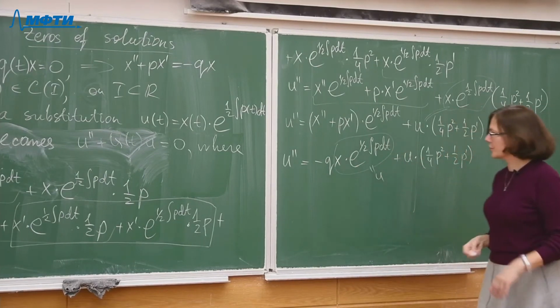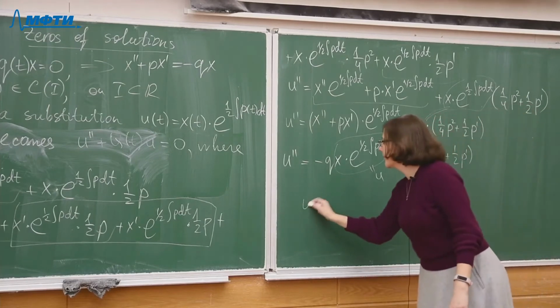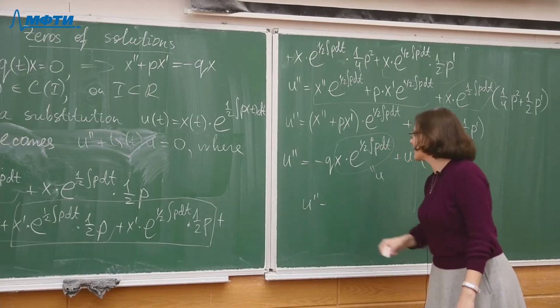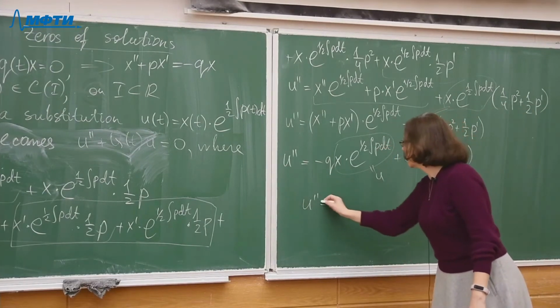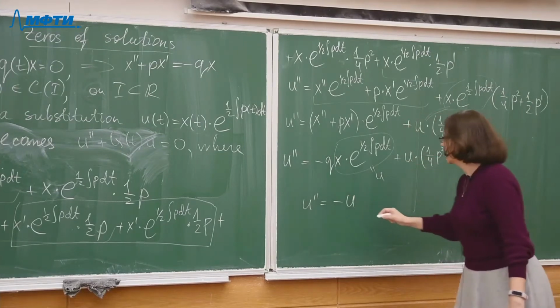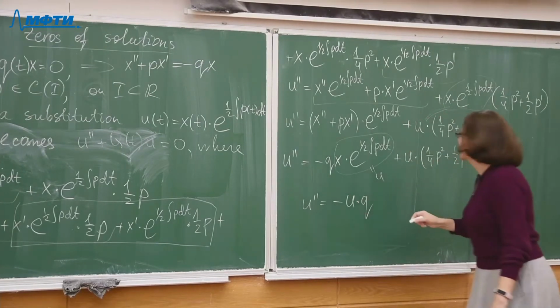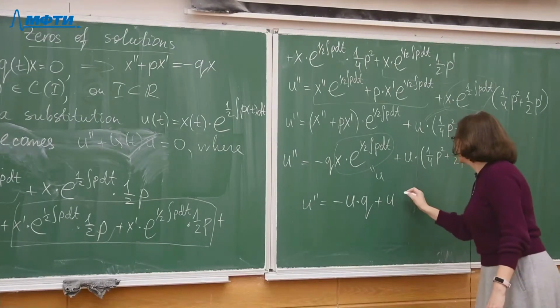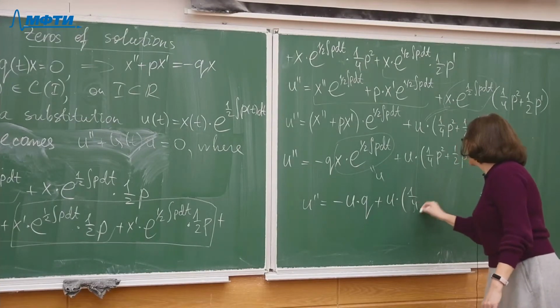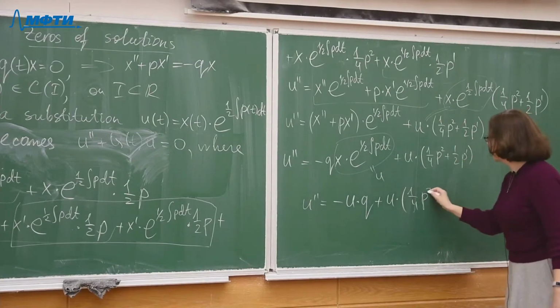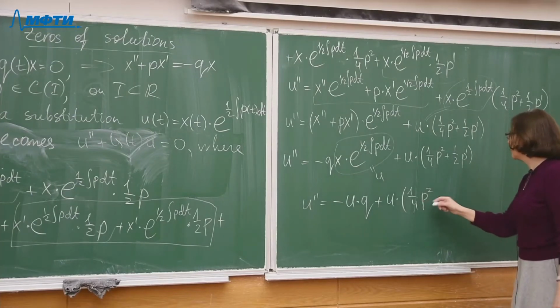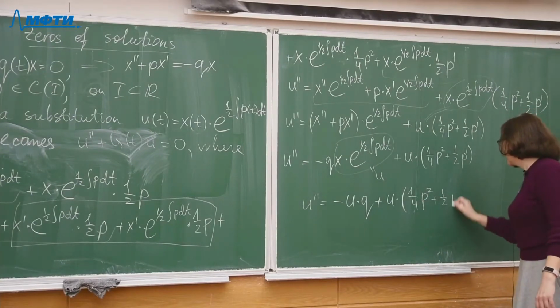And we can see that our equation becomes u double prime equals minus u times q plus u times 1/4 p squared plus 1/2 p prime.